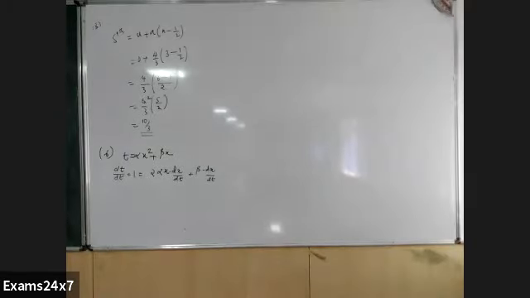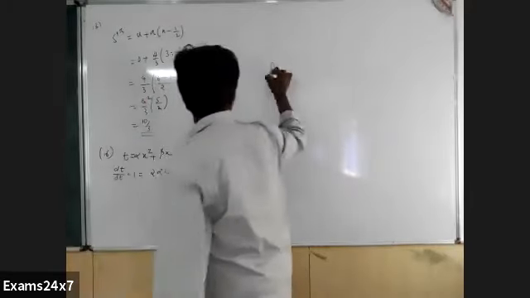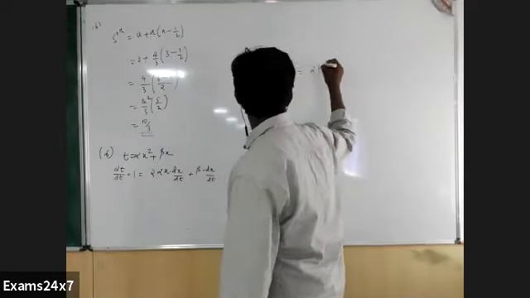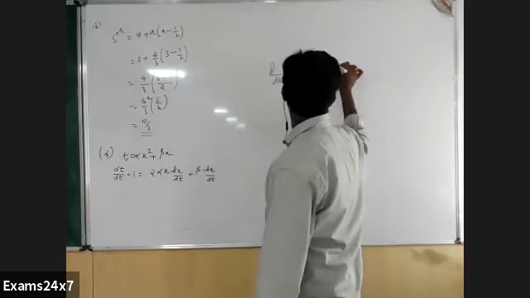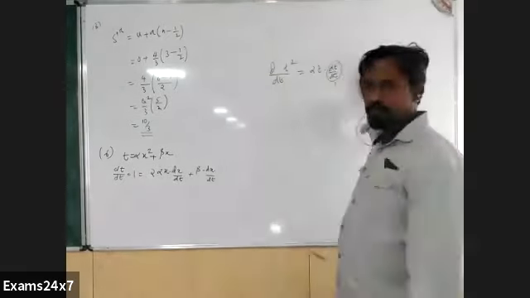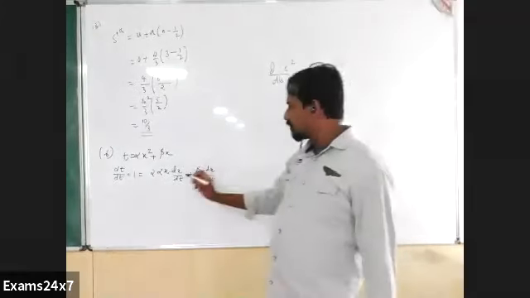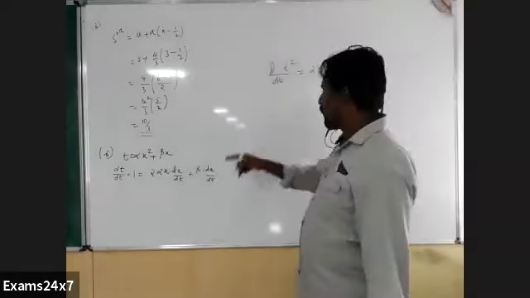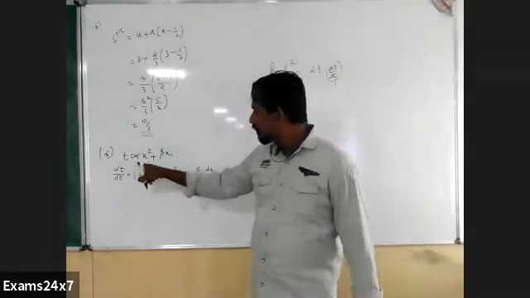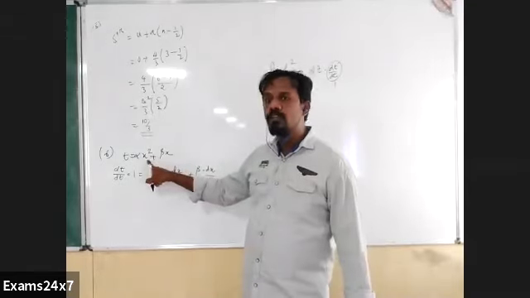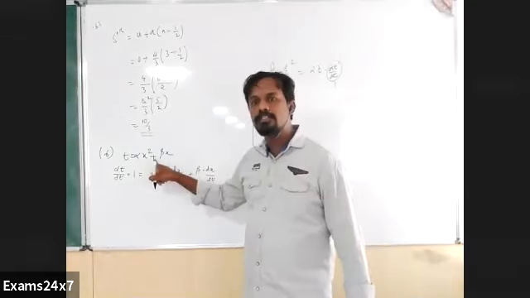Yes or no? See, if it is d by dt of t square, it is 2t, not only 2t, 2t into dt by dt. dt by dt is 1, that's why you don't write it always. Here we are differentiating x with respect to t. So when I do that, I differentiate alpha x square to 2 alpha x into dx by dt.